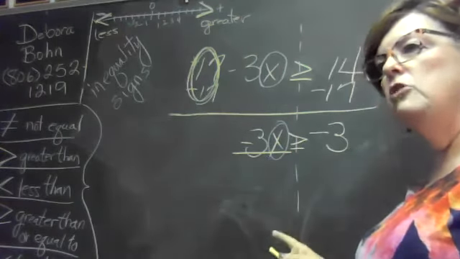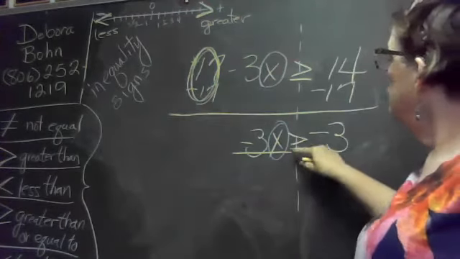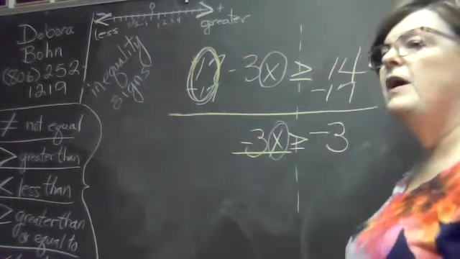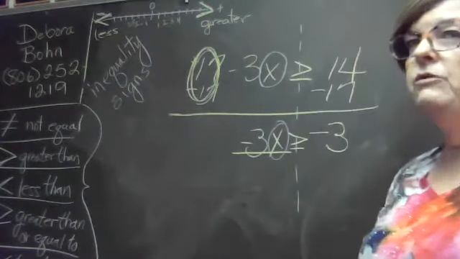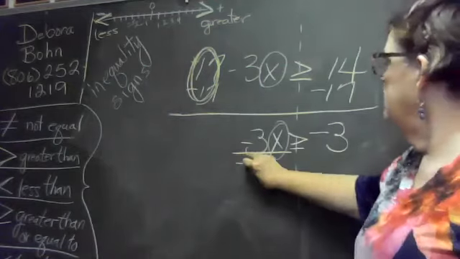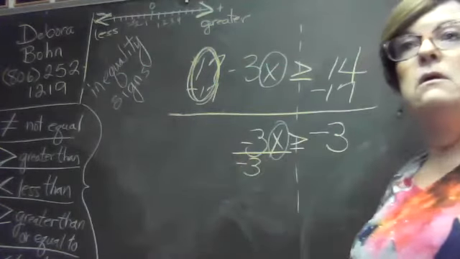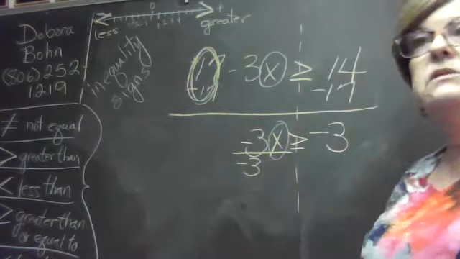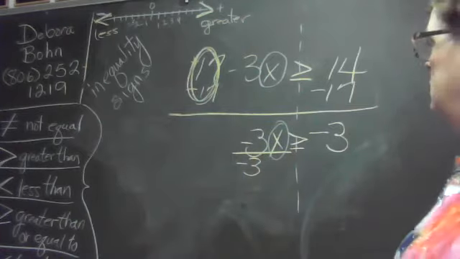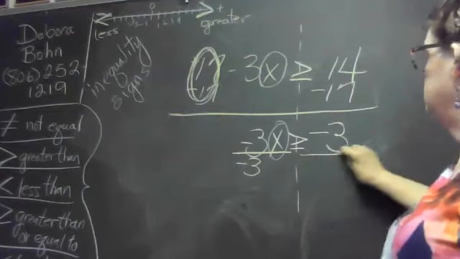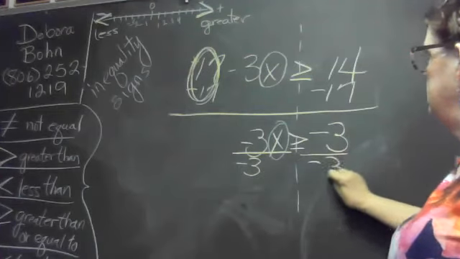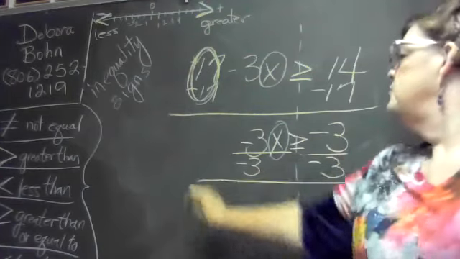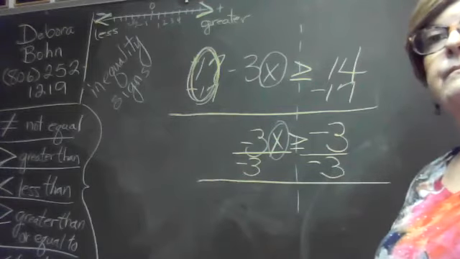When you divide, you divide by exactly what you want to get rid of, so you have to divide by a negative 3. Whatever you do to one side, you do to the other side.